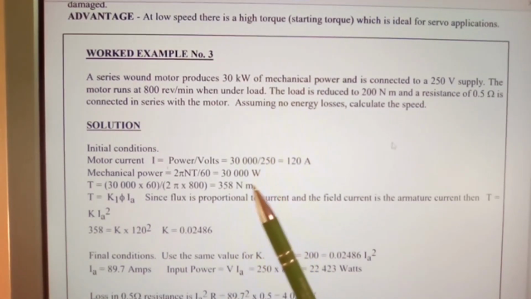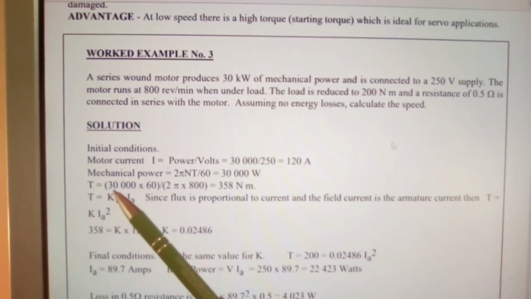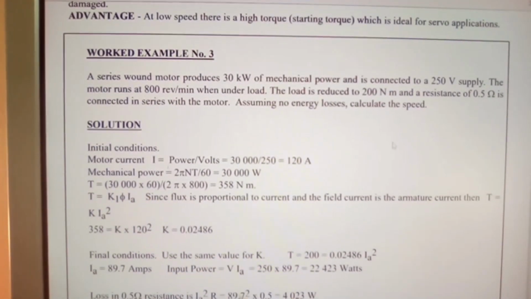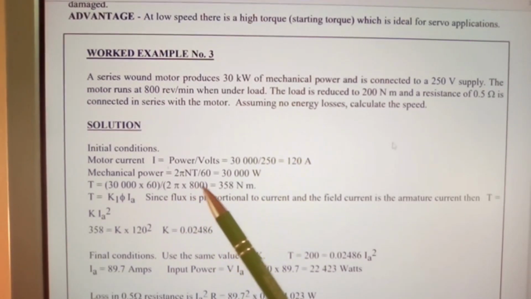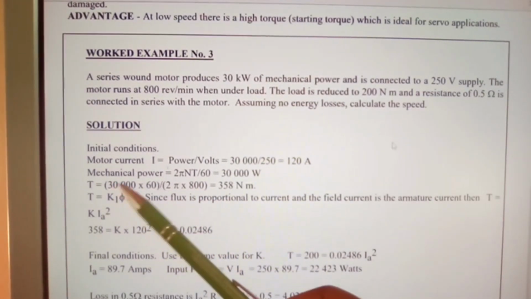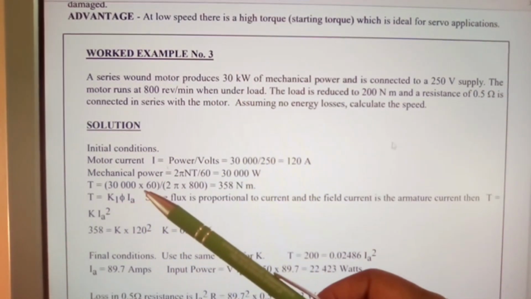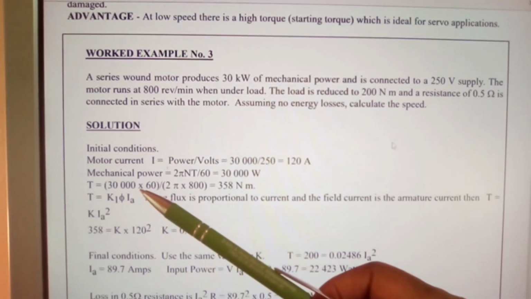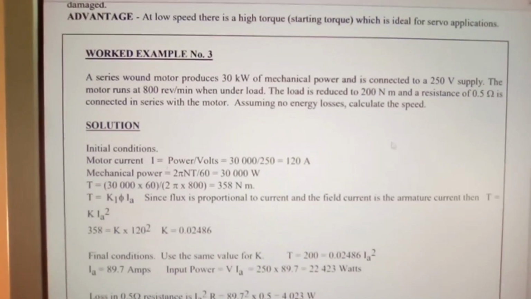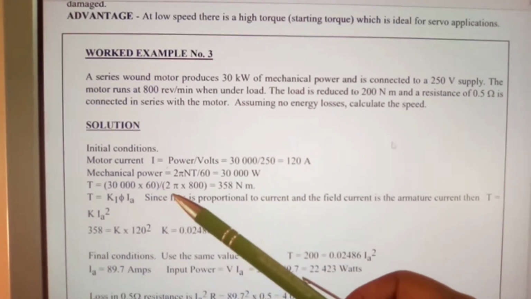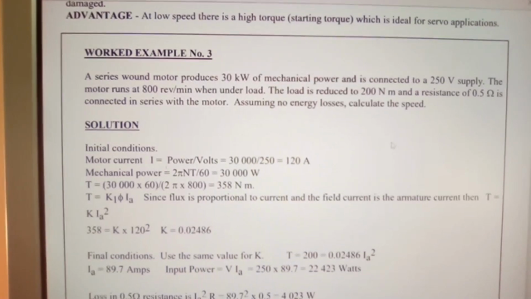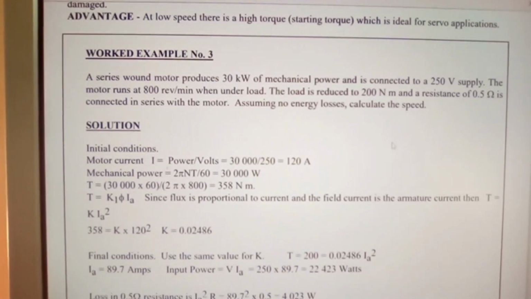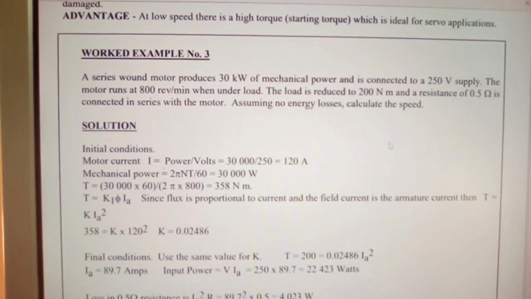Now T, the torque, equals 30,000 times 60 over 2 pi times 800. And we know this comes from this. We know 60 cycles per second, and we're looking at 2 pi times 800. Now when you actually begin to apply this, let me see if this works out.